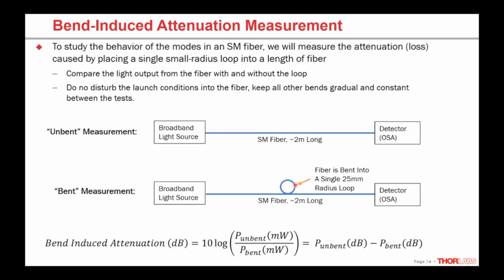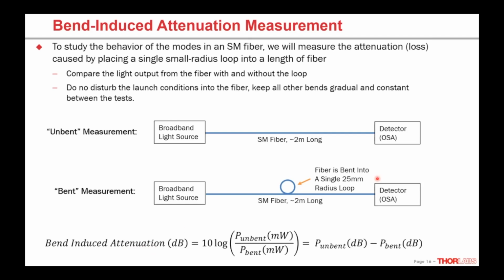Then we take the fiber and put one loop into it, and we use a radius of about 25 millimeters for this example test. And then again, take a scan with the OSA, look at the power versus wavelength. Then we can compare those powers at each wavelength, bent versus unbent, and we can get a graph of bend-induced attenuation as a function of wavelength.